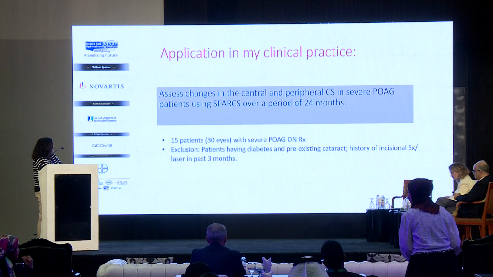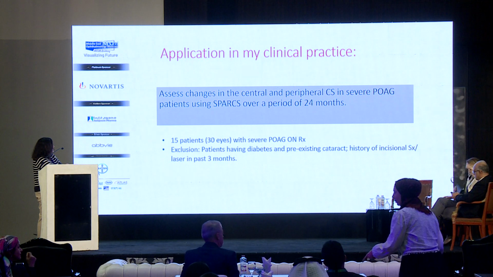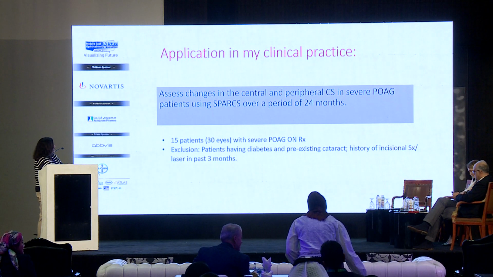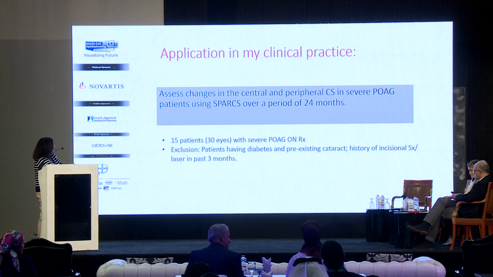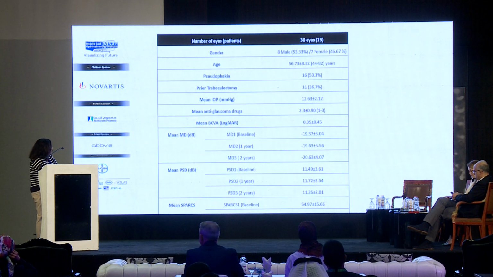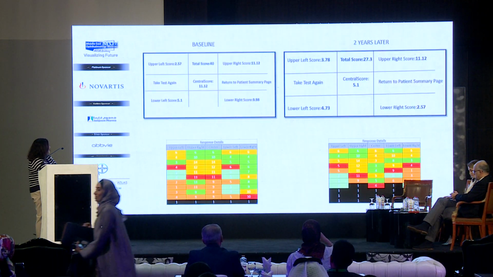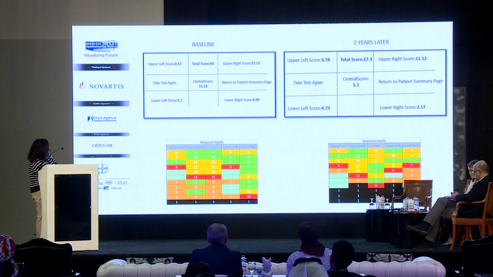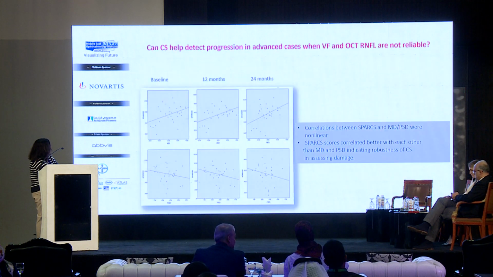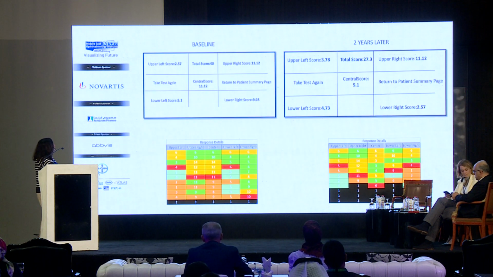I use this to assess central and peripheral contrast sensitivity. I used this in 15 patients and followed their results over two years, and I have seen a significant drop in contrast sensitivity. This is how the results look. This is the central quadrant. We have the central scores and the peripheral scores.